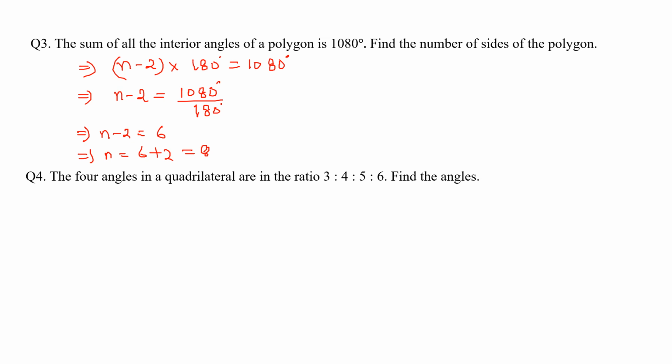In question number 4, the four angles in a quadrilateral are in the ratio 3 is to 4 is to 5 is to 6. Now we have to find the angles. Whenever you see a question where ratios are given, the very first thing you have to do is assume the ratio to be x.